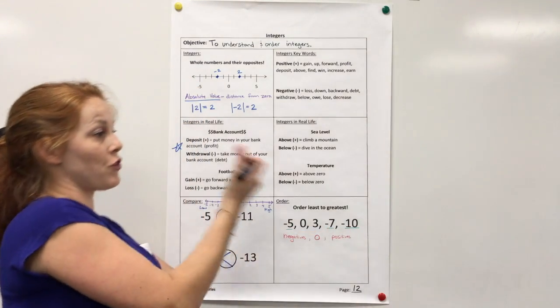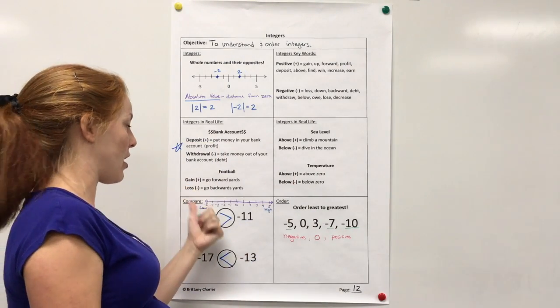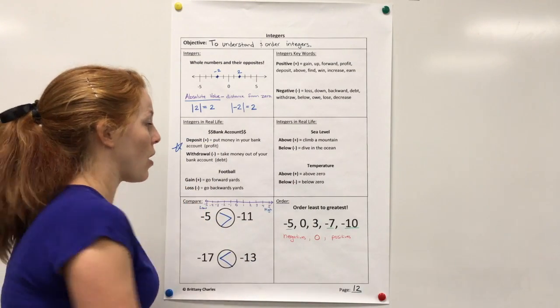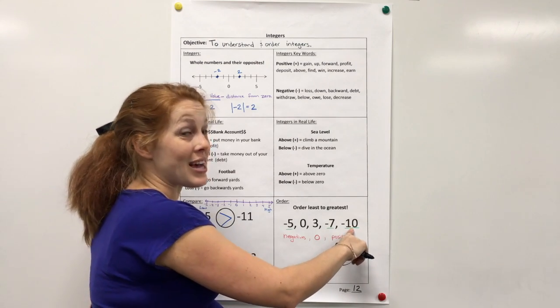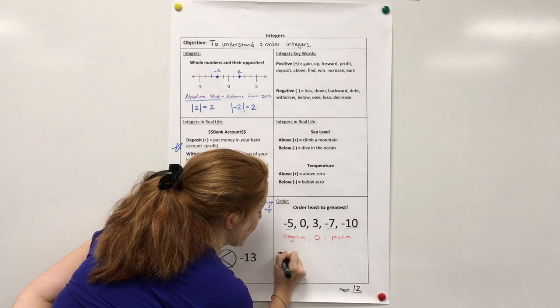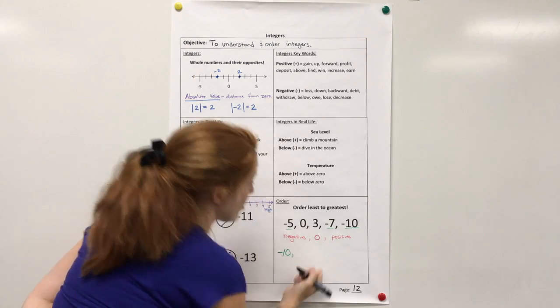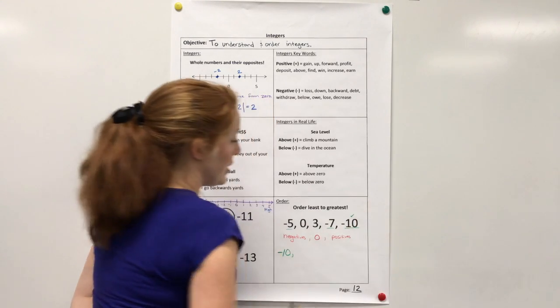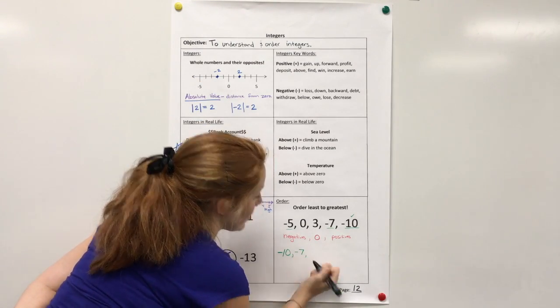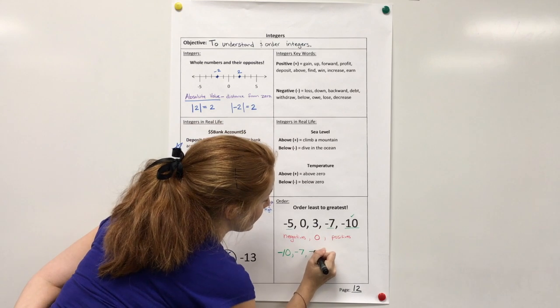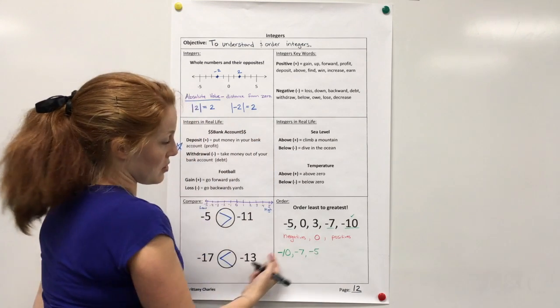Because whichever one is furthest from 0 is further to the left or the lowest number. Well, if I look at this, 10 looks like it's the biggest, so it's actually the smallest. So -10 would have to start. All right, then I would have -7, and then -5 would be the closest to the 0.